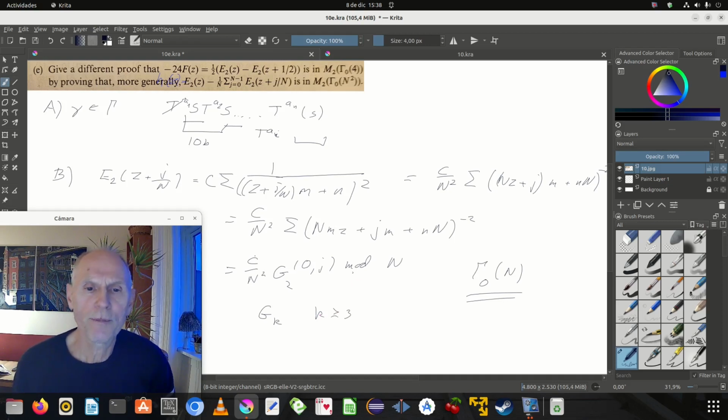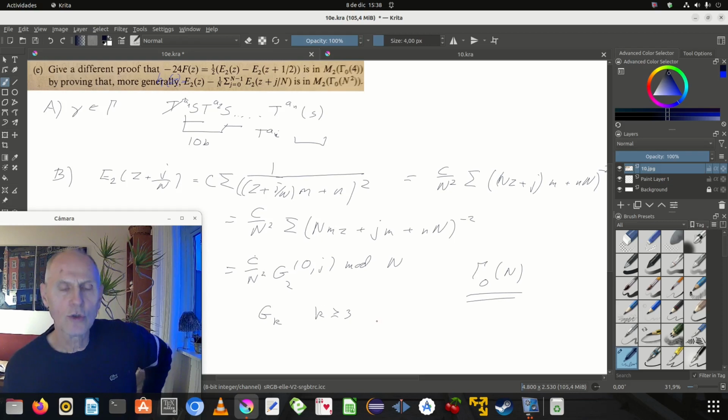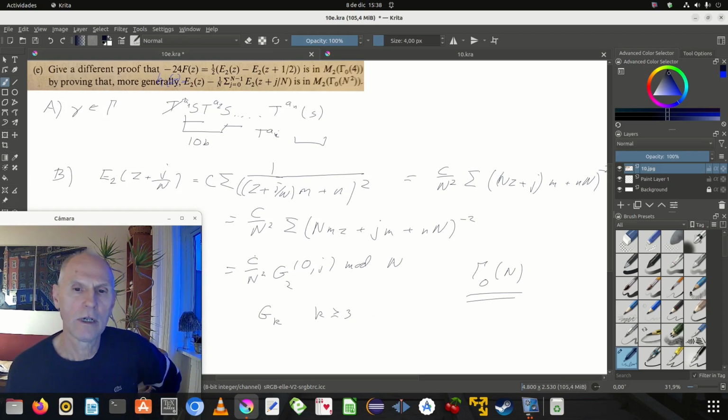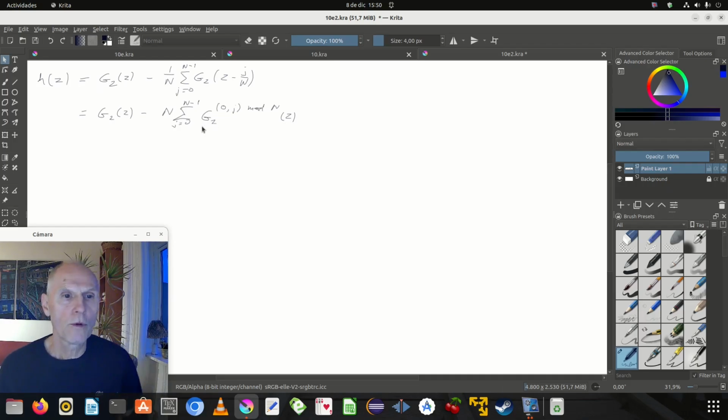So we have to look at the transformation formulas again in case k is 2. So I think I'll start doing this. It seems to be more promising. We were going to check a transformation of this.